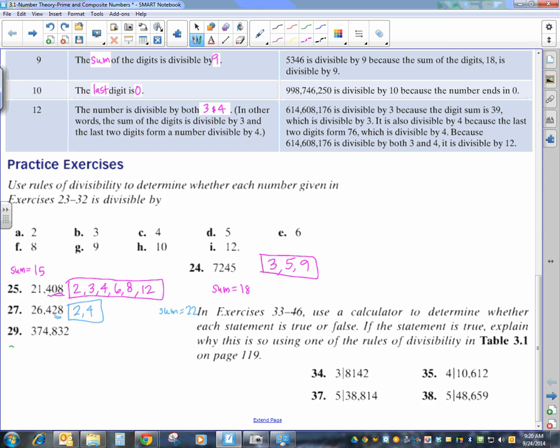374,832. Again, the first thing I'm going to do is look at the sum. So 3 plus 7 is 10, 4 plus 8 is 12, 10 and 12 is 22, 22 plus 5 is 27.